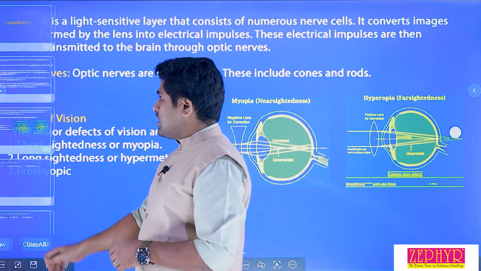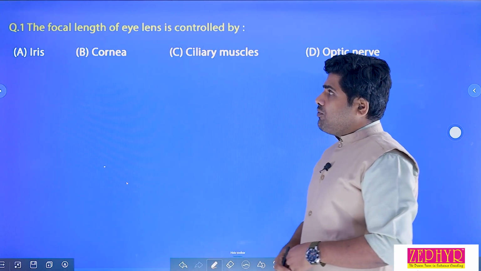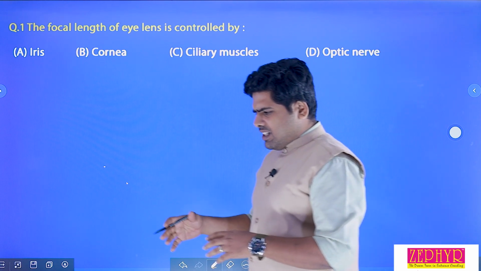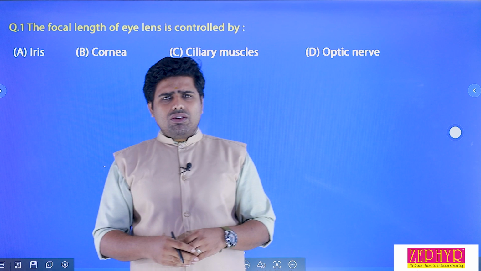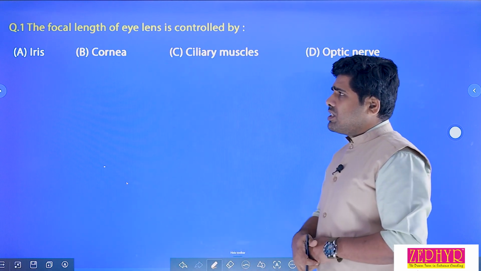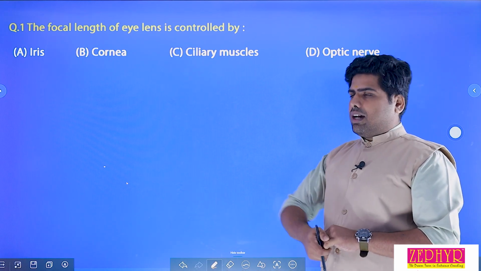See, the first question is: the focal length of the eye lens is controlled by. These are sample questions for the exam. Actually, this question comes from the different parts of the human eye.